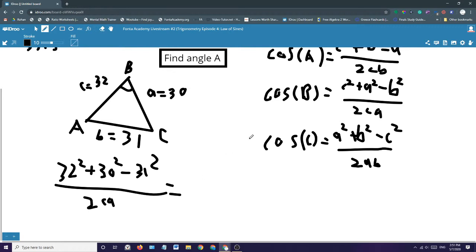So what we want to do is 32 squared plus 30 squared minus 31 squared.